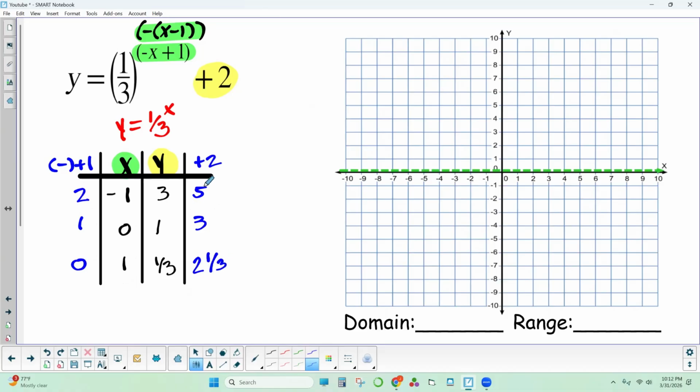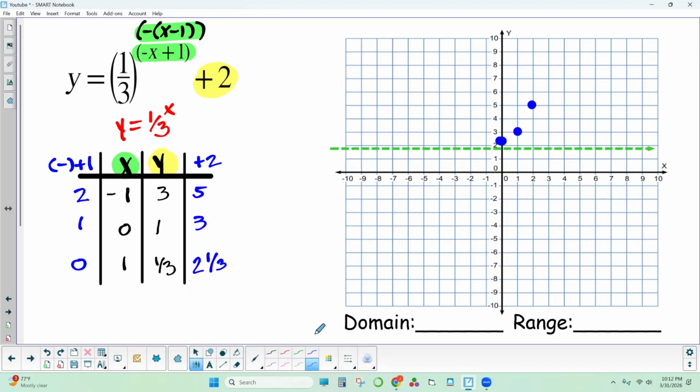So again, in blue here, I've got my transformed points. I will transfer them over to the graph. I've got (2, 5), (1, 3), and (0, 2 1/3). All right, now looking back at my function, I can see that this has been shifted up 2. So I need to shift my horizontal asymptote up 2.